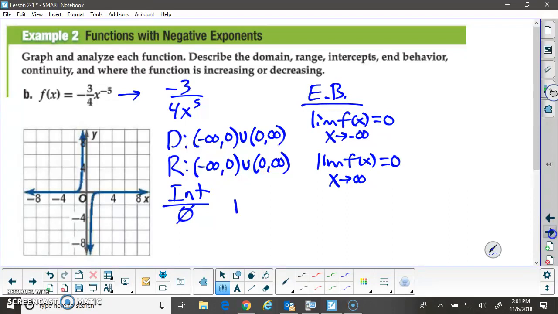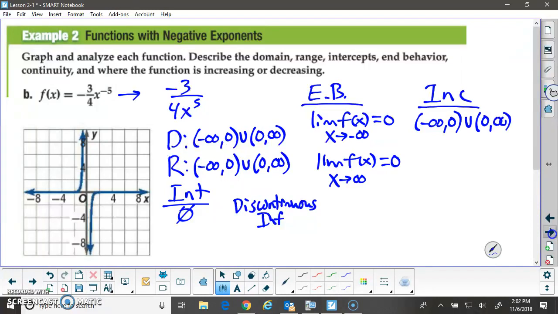This is a discontinuous function. Again, it is an infinite discontinuity at 0. And it looks like we have increasing behavior from negative infinity to 0 and also from 0 to infinity. We don't have any decreasing behavior.